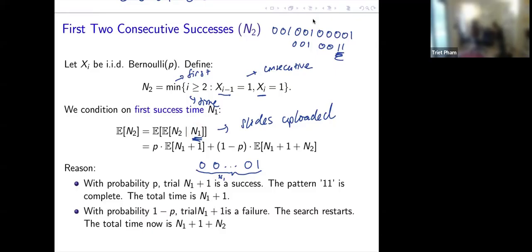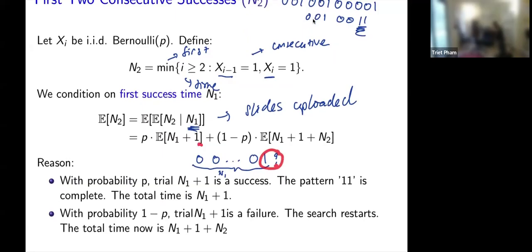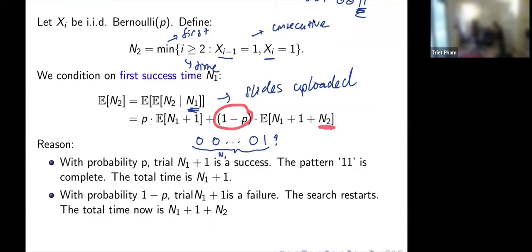But notice that the thinking is also hanging on to the next trial after that. It'll be one with probability P. It'll be zero with probability 1 minus P, in which case we repeat the search for the two consecutive ones.